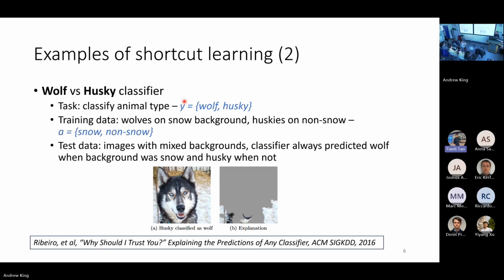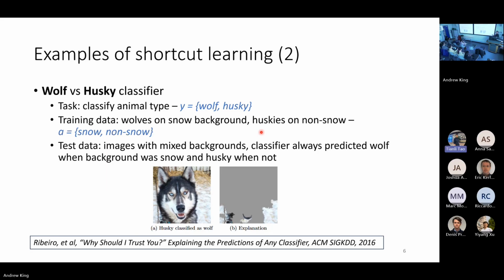So this time the task is to classify between wolves and huskies. And this time the potential spurious attribute is the background, snow or not snow. And the training data had wolves on snow background and huskies on non-snow background. And of course, the model learned to associate the background with the target label, the spurious attribute with the target label. So as soon as it saw snow, it said it was a wolf.